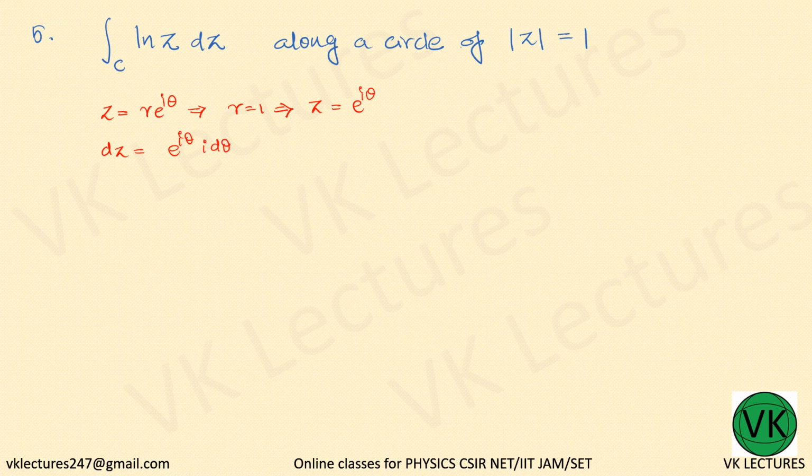Now the integral is along this curve, that means along the circle. So you can take the integral from 0 to 2 pi of log z dz, that's equal to integral from 0 to 2 pi of log of z, which is e to the power i theta, times dz, which is e to the power i theta i d theta.